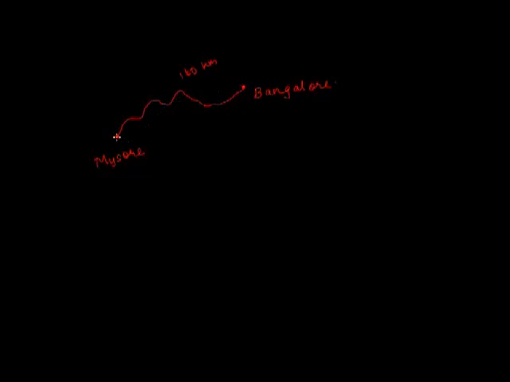But the road which connects Mysore and Bangalore need not be a straight line. It actually involves a lot of curves, and you finally reach Bangalore. But displacement doesn't care which path you took. All it cares about is the initial point and the final point.